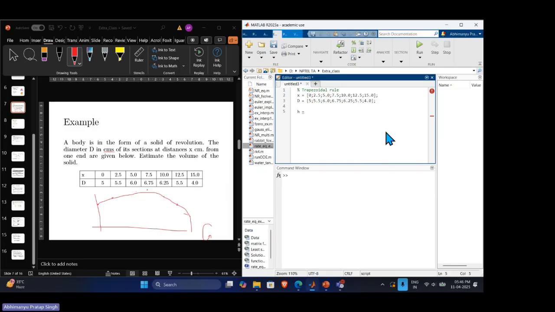So now h would be in this case just 2.5, because let us just take this d as the first point, this as the second point.